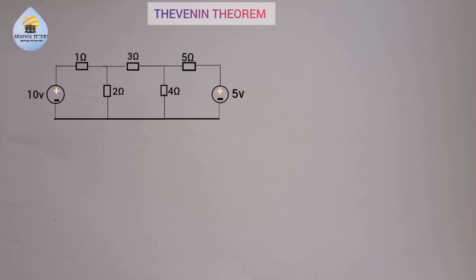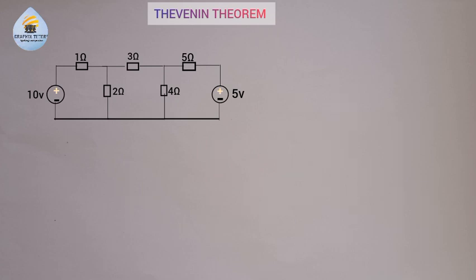Today we want to solve another problem in electrical engineering science, an aspect of applied physics, where we are told to use Thevenin's theorem to find the current that is flowing through the 3 ohm resistor, right? We know very well that a resistor is a load in an electric circuit.